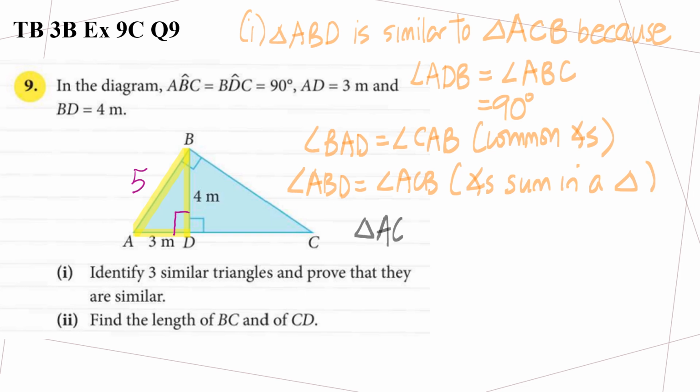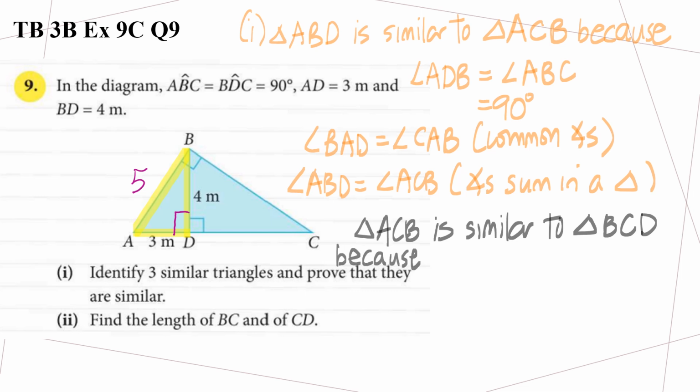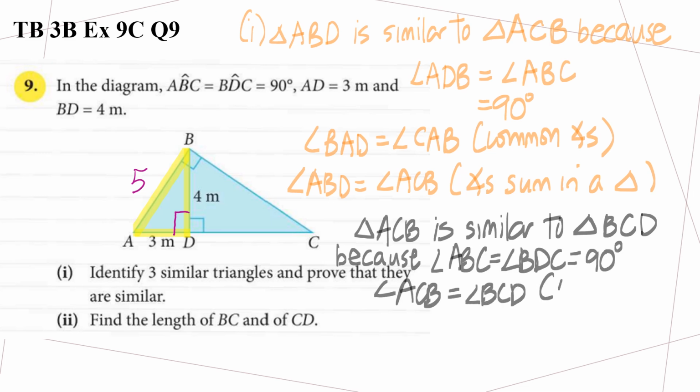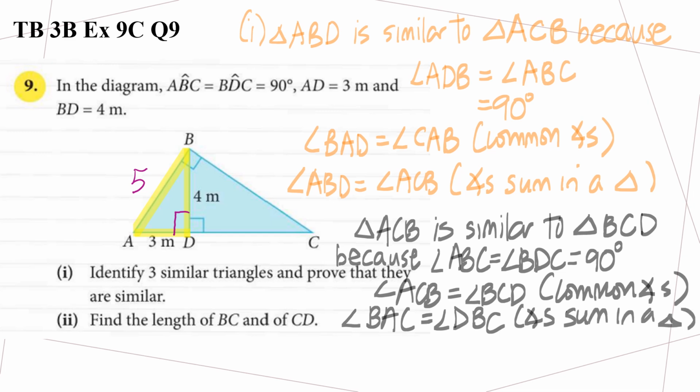And then there's also another pair of similar triangles, ACB and BCD. Why are they similar? So I'm going to give you the reasons again. Basically the reasons are almost the same.